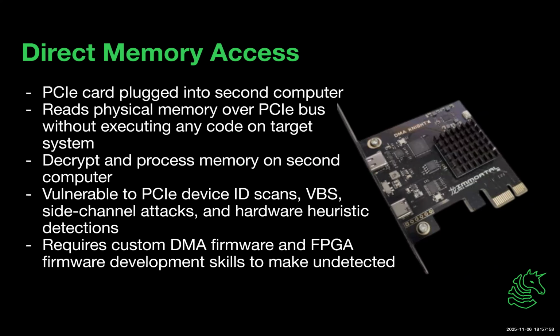Also, the IOMMU prevents DMA from reading specific virtualized pages. That's why Vanguard will have you enable IOMMU and virtualization-based security, because it'll essentially prevent you from reading any of Vanguard's memory if you have these two things enabled, which they require you to have.